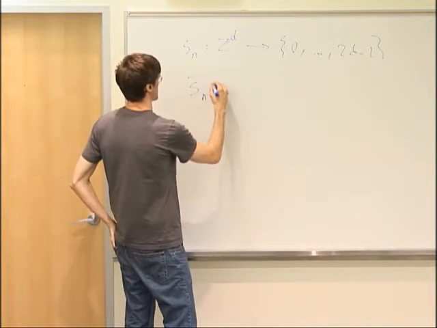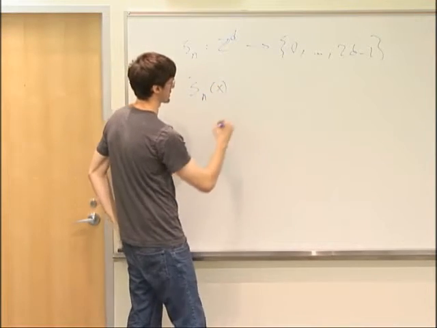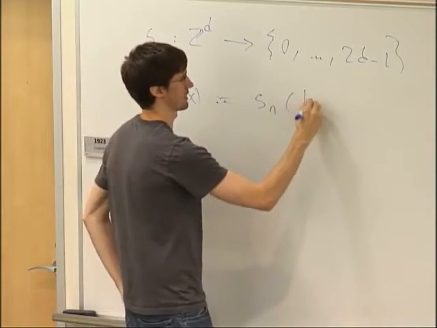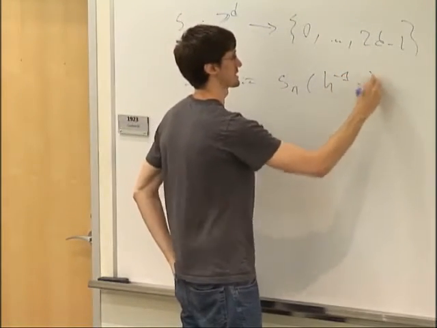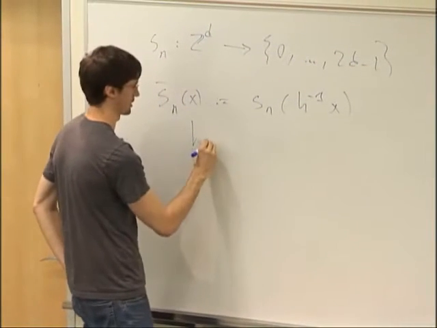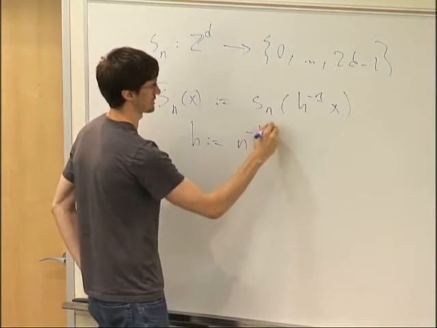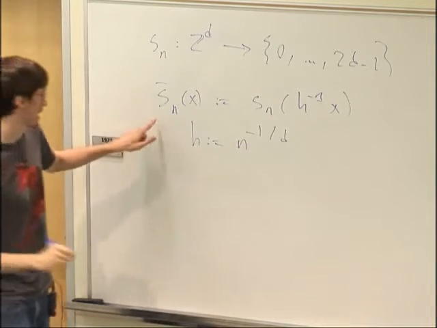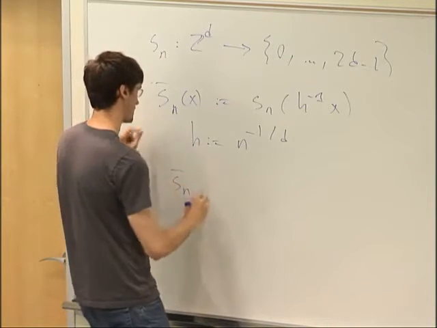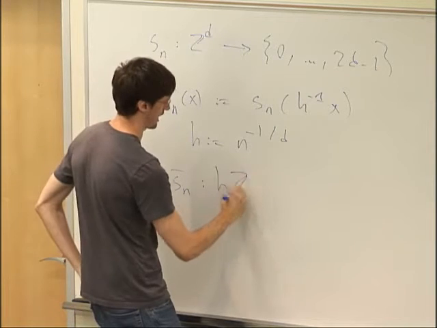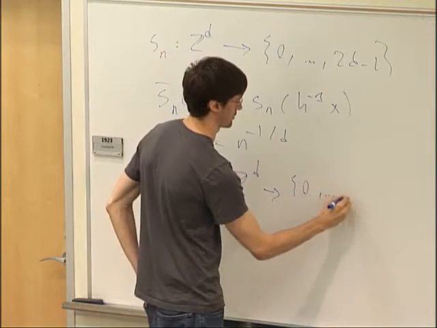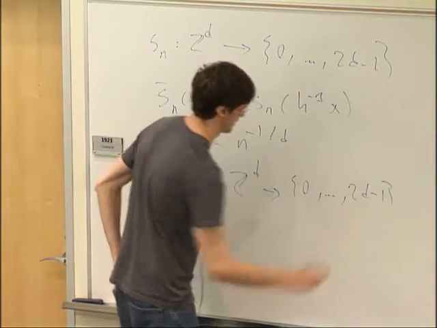So we're going to set S bar sub n of x to be S_n of h inverse x, where h is n to the minus 1 over d. Now this S_n bar is a function from hZ^d into 0 through 2d minus 1.